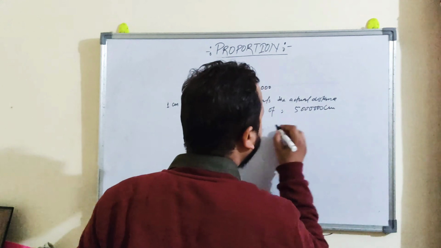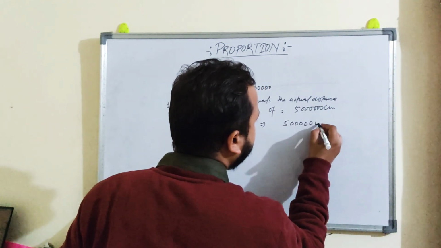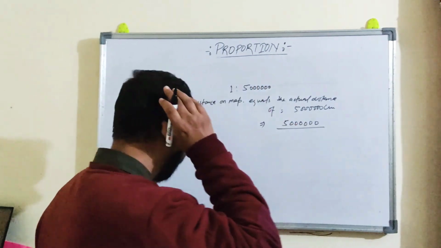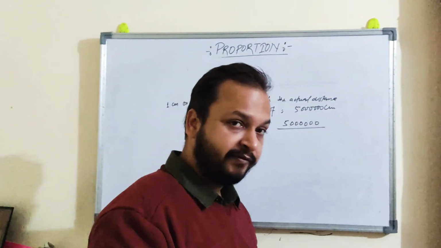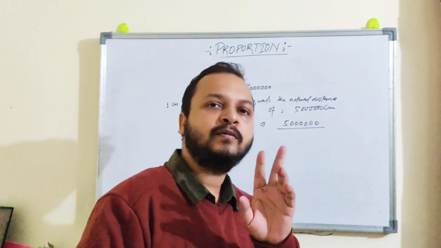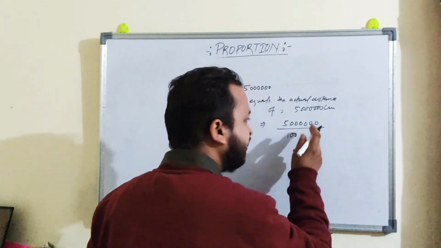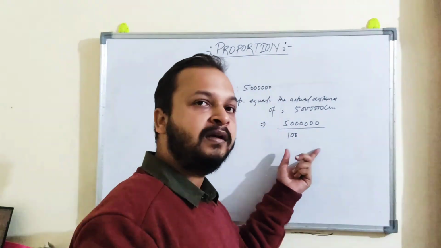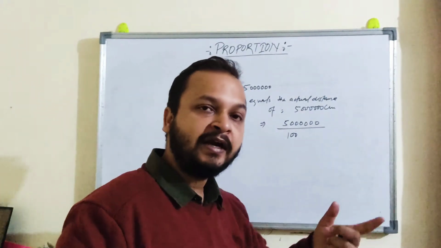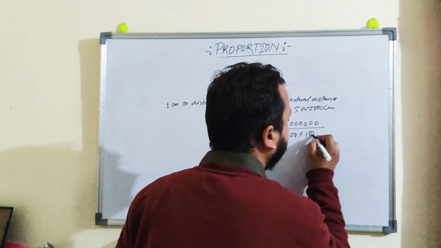If you convert it into kilometers, this is in centimeter. To convert centimeter to meter, you know that 100 centimeter becomes 1 meter, so divide by 100. And we know that in 1000 meter there is 1 kilometer, so again divide by 1000.